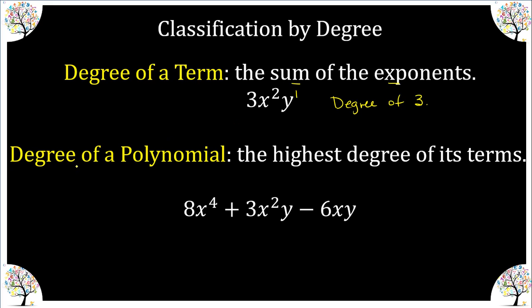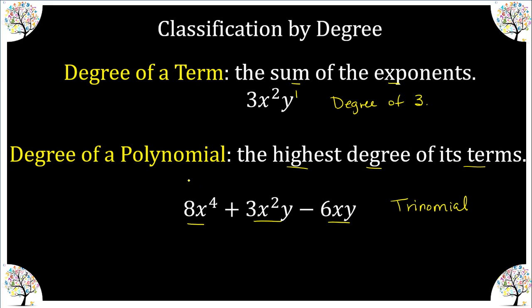Now let's talk about the degree of a polynomial. The degree of a polynomial, of the whole expression, is the highest degree of its terms. So we have 1, 2, 3 terms. So this is a trinomial. But now let's talk about the degree.